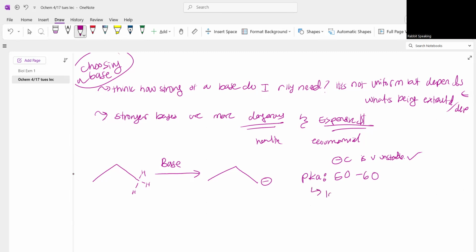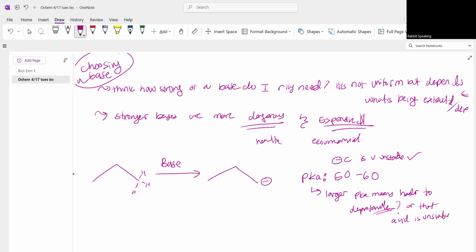For pKa, a larger pKa means it's harder to deprotonate, or rather, I would say the acid form is stable.